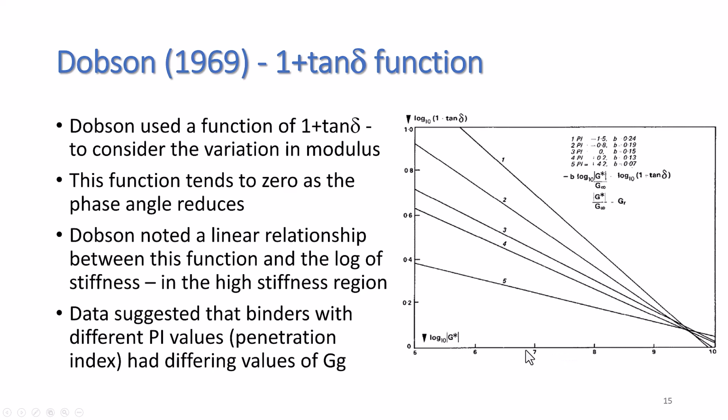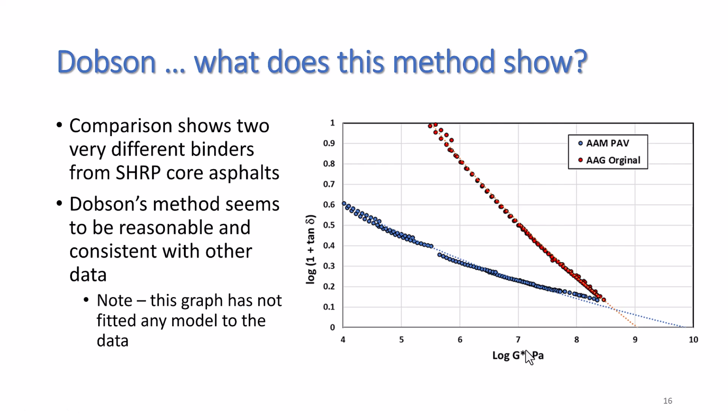So going on from this, let's look at some other data using Dobson's procedure. This is looking at AAM and AAG. The graph might be a little bit easier to read here because the previous graph was from Dobson's original paper. So here I have the 1 plus tan delta, how Dobson likes to plot things, versus the log of the G star.